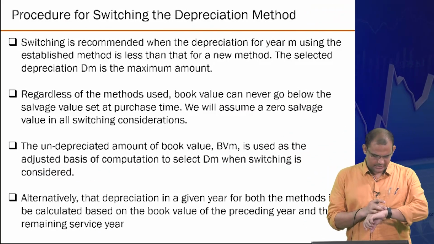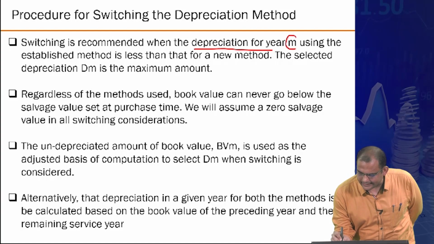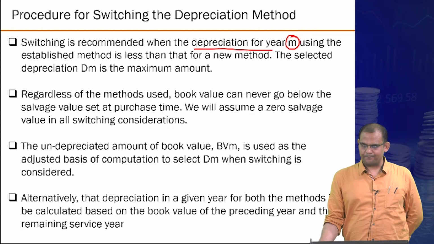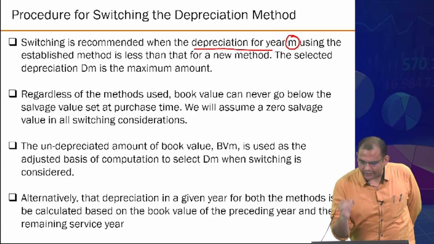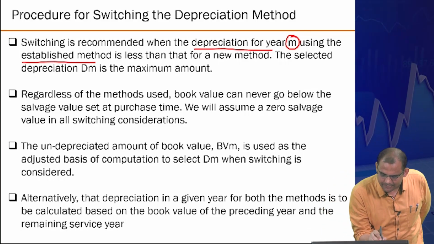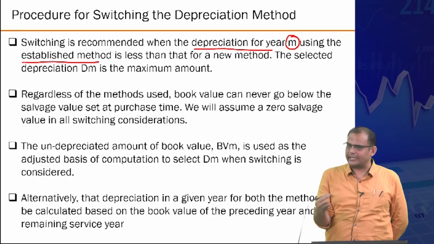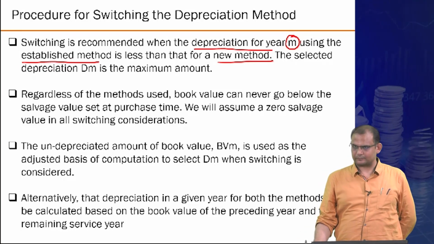How to do that? Switching is recommended when the depreciation for any year M, using the established method, what you are already using till that point, is less than that for a new method.